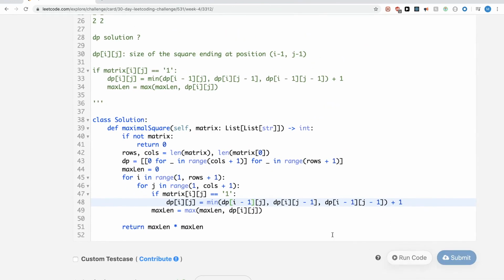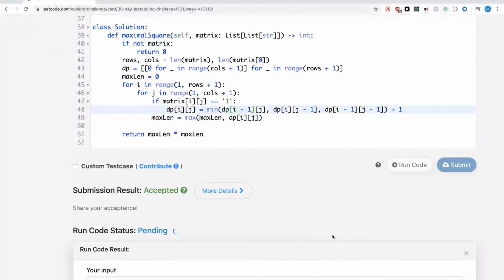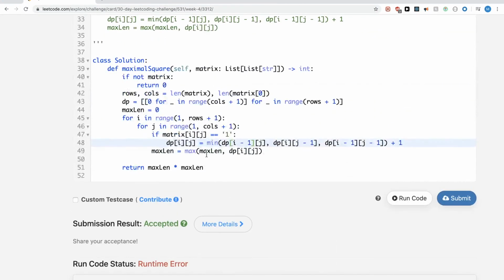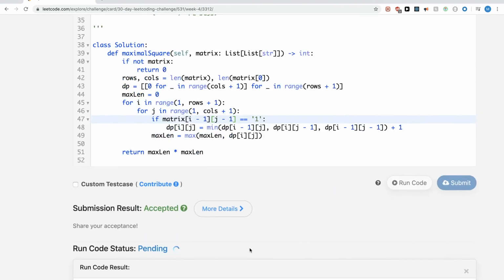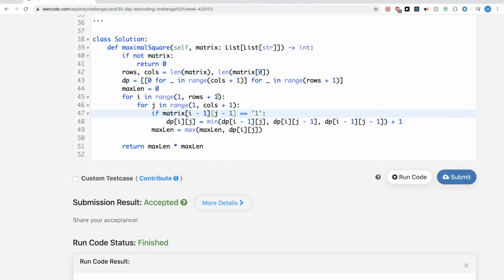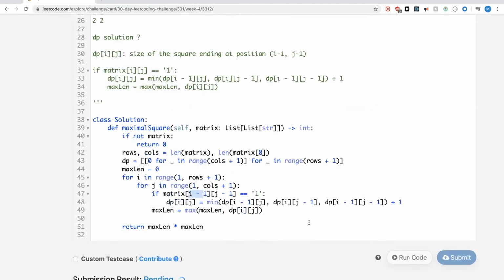Yep, let's try. So this would be i minus 1 also for us to get the right value, because rows plus 1 would give you rows, and that's not a valid index.